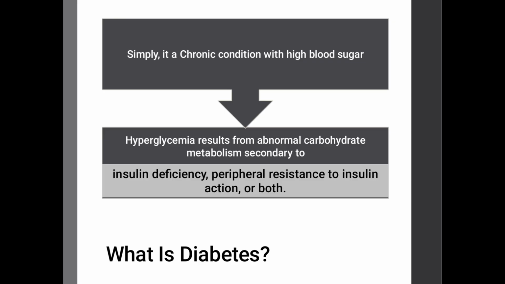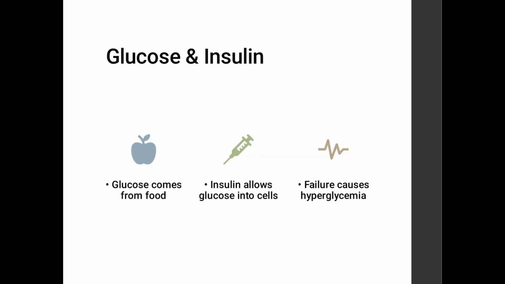Diabetes is a condition leading to hyperglycemia because of problems with the insulin interaction with the cell, or because of deficiency of the insulin. We're going to talk about this in detail in the coming slides.